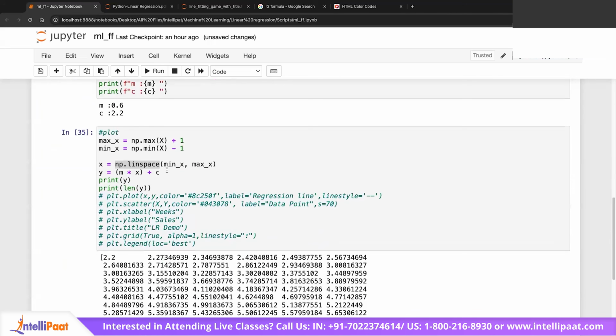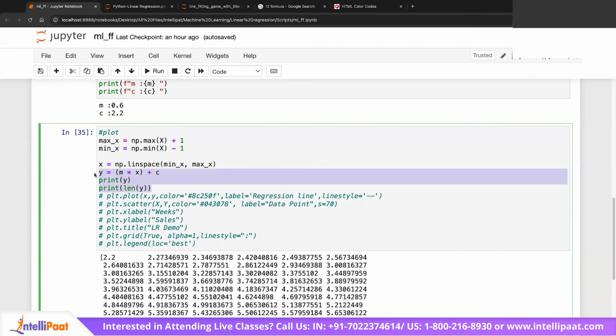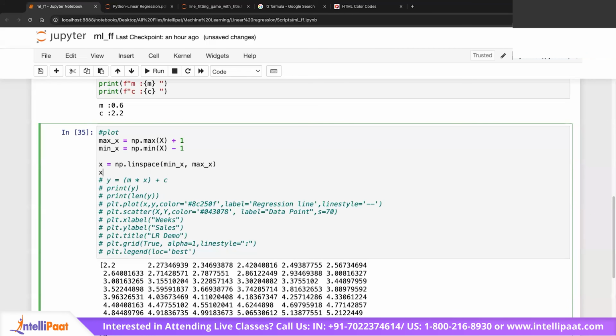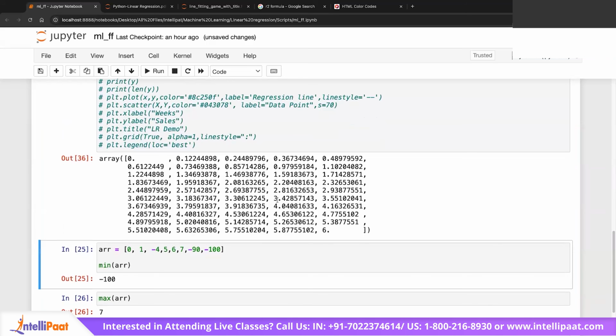When I did y is equal to mx plus c, is it small x or capital X? When I wanted to plot the point, I wanted to show the line for the entire data range, for all the values from 0 to 6. So tell me, if I did x equals np.linspace and print x, how many values of x did I get?